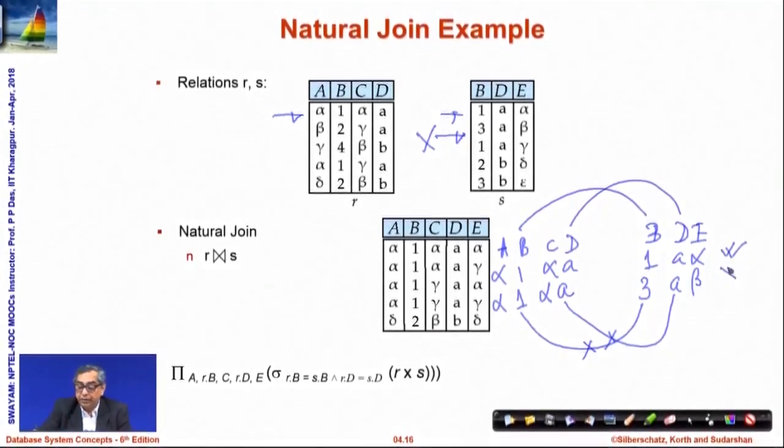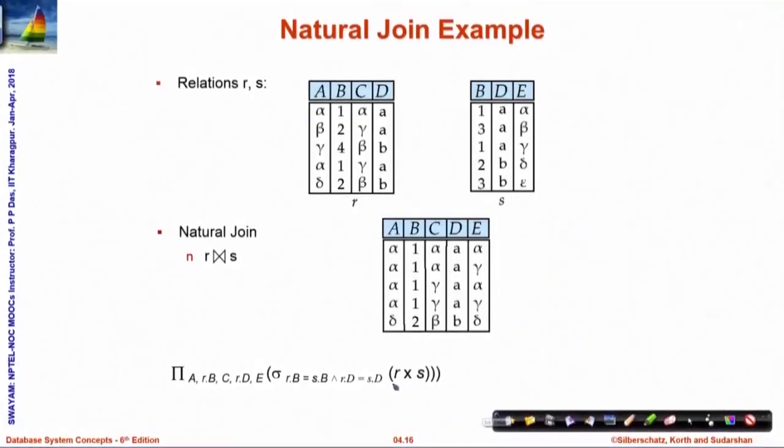So, this particular entry will not go in the final result. You take the Cartesian product and you only retain those rows where the values match for the identically named attributes.